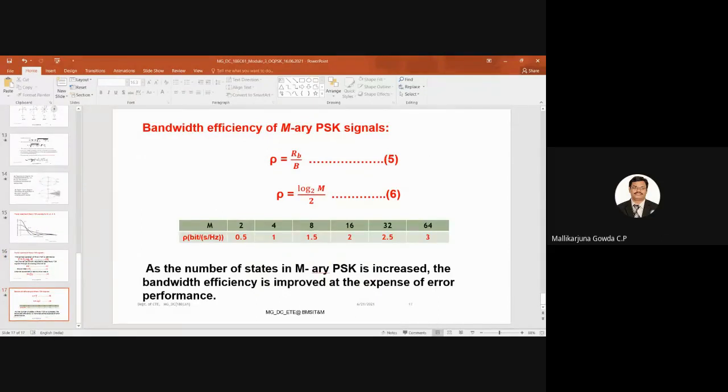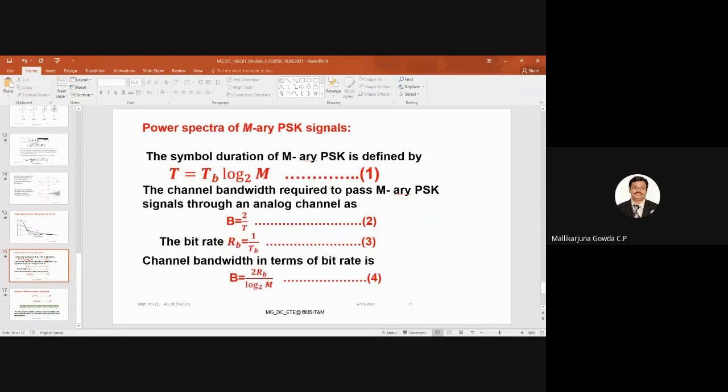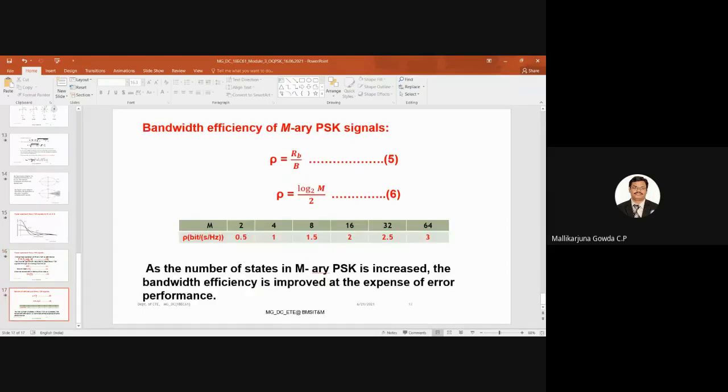So if you substitute the value of B as 2 RB by log m with base 2, the RB will get cancelled. So we'll be getting the bandwidth efficiency as log m with base 2 divided by 2, or I can say 1 by 2 into log m with base 2, to make it simple. Fine.